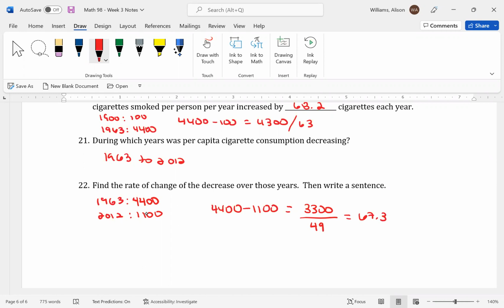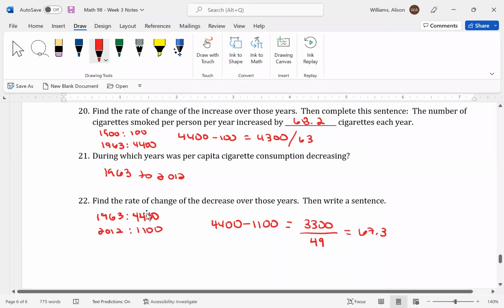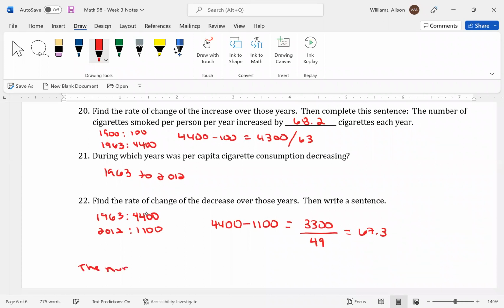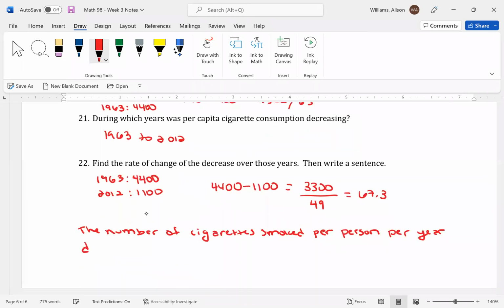So let's word it the way they did: the number of cigarettes smoked per person per year decreased by 67.3 cigarettes per year.